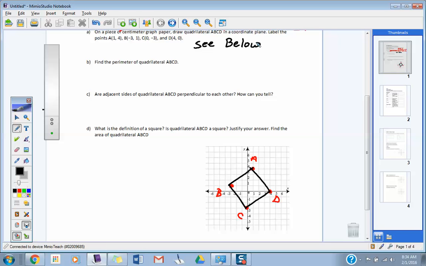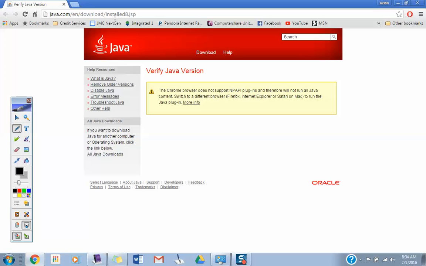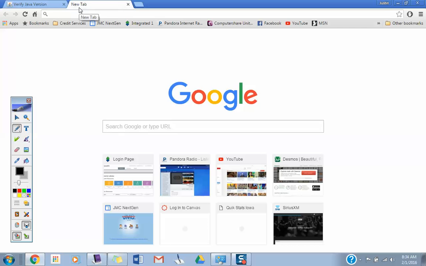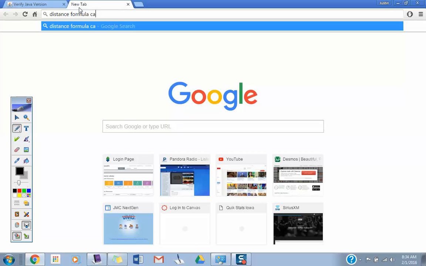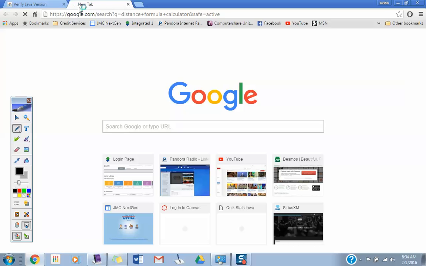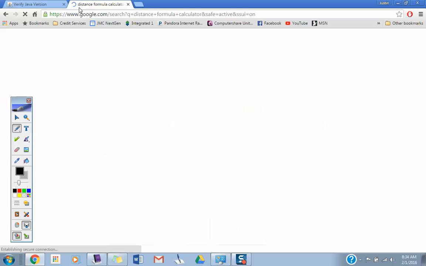So what I want you guys to do is this. Maybe get into your Chromebooks quickly, and just going to type this in. Distance formula calculator. Okay, so Google that up, distance formula calculator.